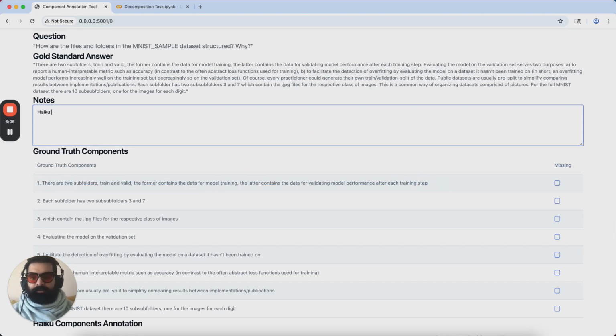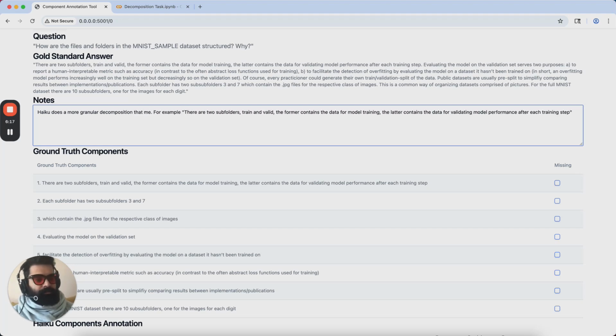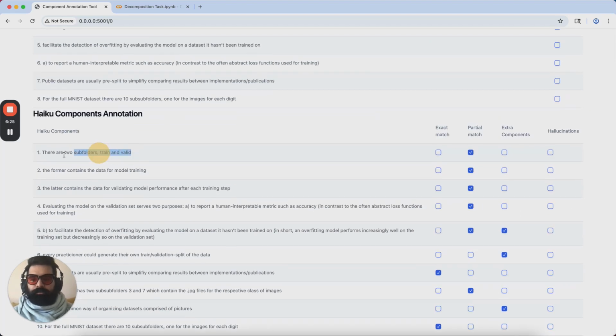So I'll say Haiku does a more granular decomposition than me. For example, this one is split into three components, and let's grab this.